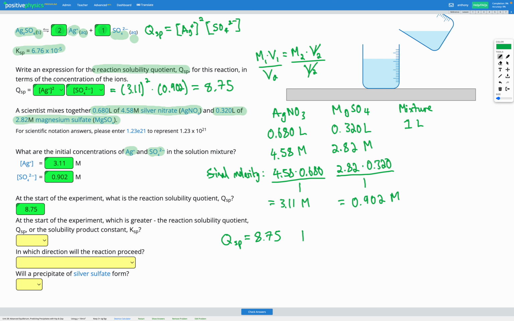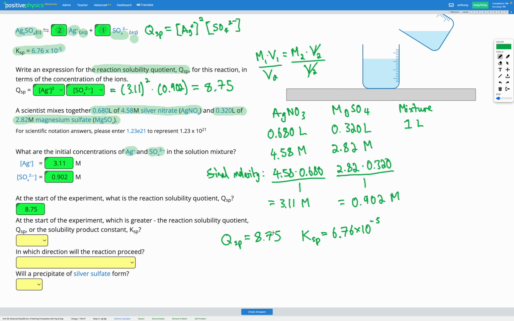We also know our KSP value is 6.76 times 10 to the negative 5. That was provided under the equation in the question. And we can now use QSP and KSP in the same way that we've used Q and K to figure out what's going to happen next.